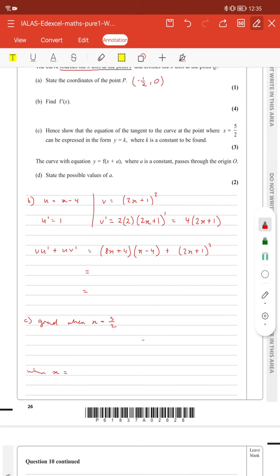And here we would get 8x squared minus 32, so minus 28x minus 16 plus 4x squared plus 4x plus 1, which gives us 12x squared minus 24x minus 15.